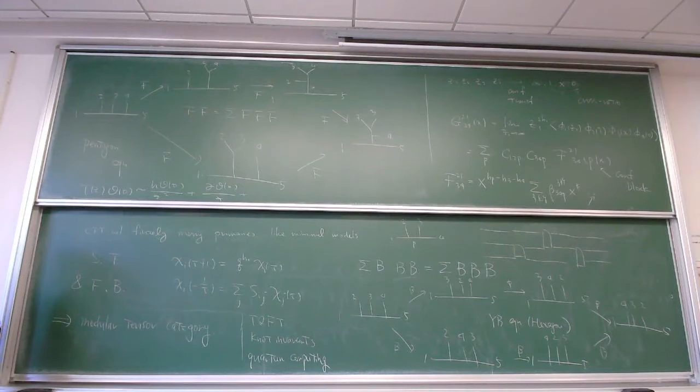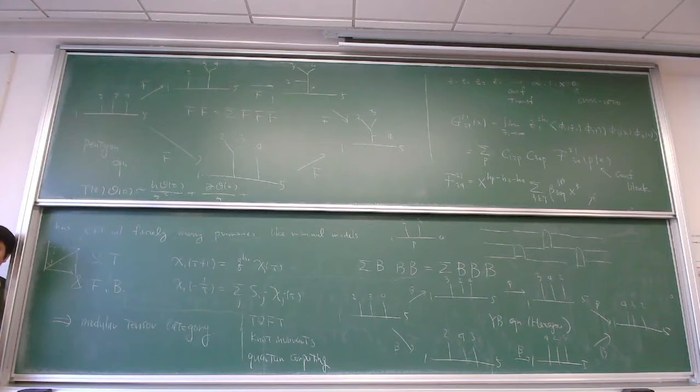Why are there finitely many? I told you: if you specify h_{pq}, h_{rs}, and this line hits some point here, you have only finitely many primaries in the minimal model.